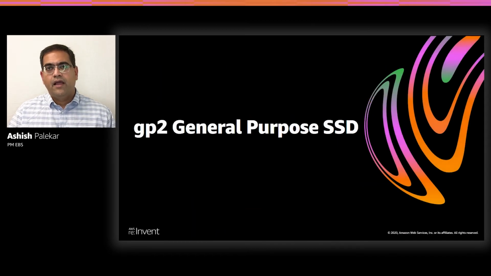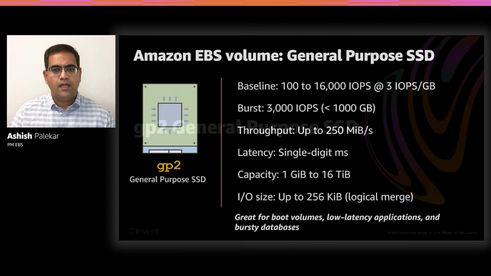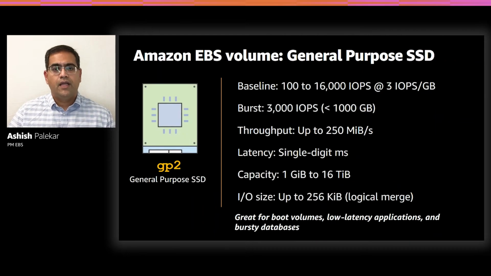And then we took a look at our general purpose volume type. Let's start with GP2. If you think of GP2, it is really one of the most prevalent volume types that we see customers use. Customers get up to 16,000 IOPS, scaling at 3 IOPS per GB.